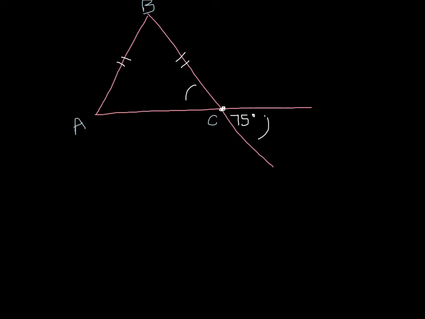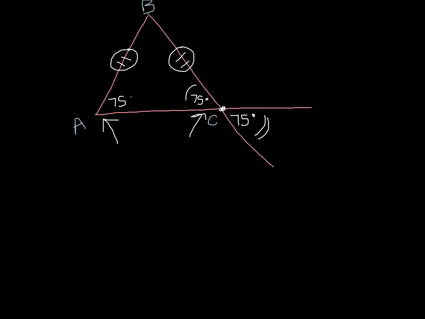So if the angle on the bottom is 75 degrees, the opposite or vertical angle is also 75 degrees. And then, since it's an isosceles triangle, I see that these two sides are congruent, which means that my two base angles are also congruent. So if this side is 75 degrees, the other side is also 75 degrees.